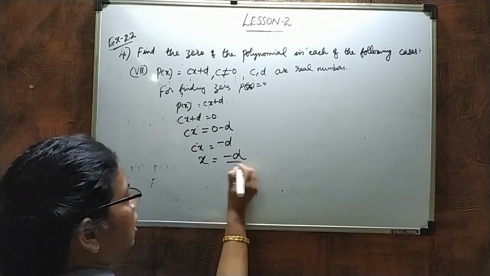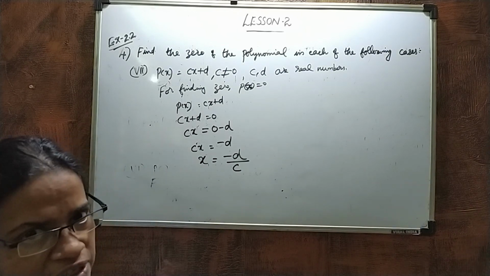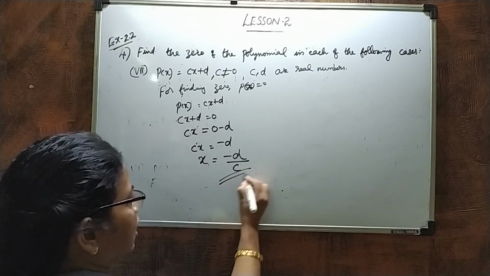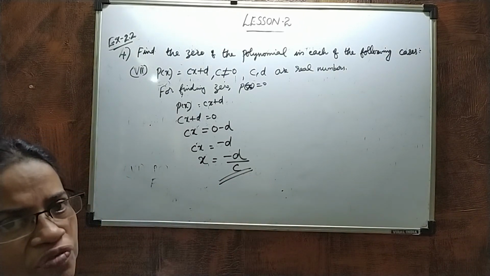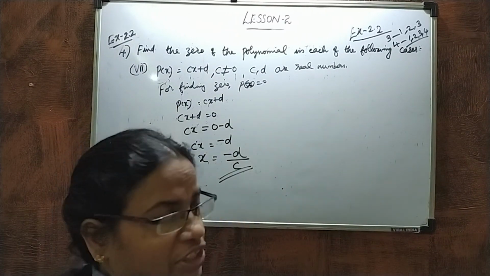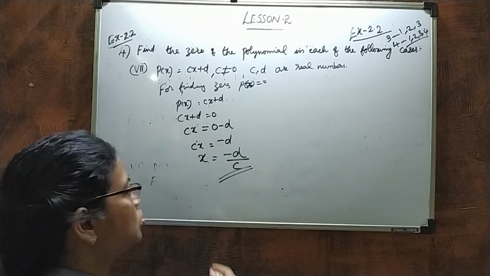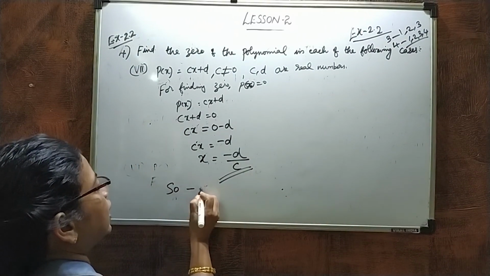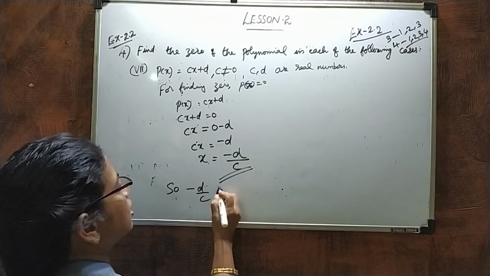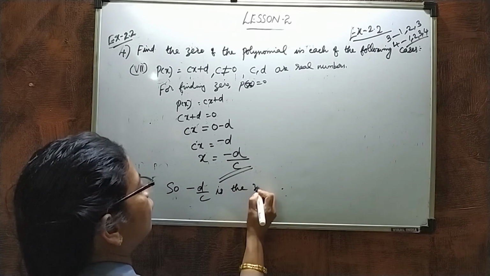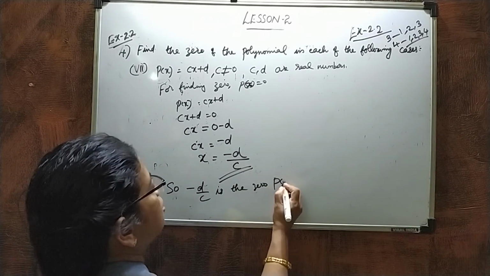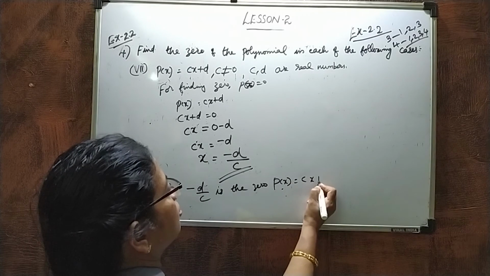It will be division. It is negative D by C. Clear? So, negative D by C will be the 0 of the polynomial. After writing this one, x is equal to negative D by C, you have to write the last step also. So, negative D by C is the 0 of P of x is equal to Cx plus D.